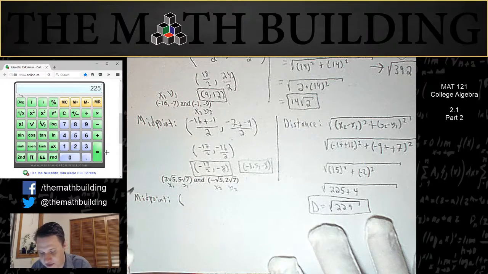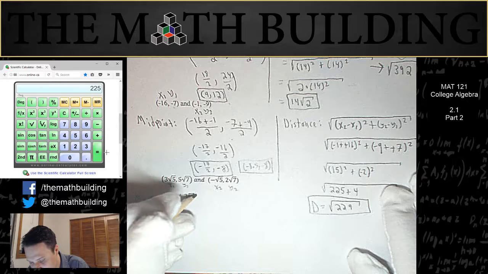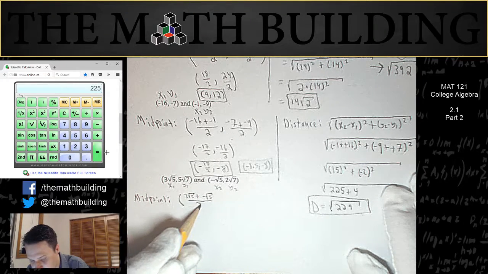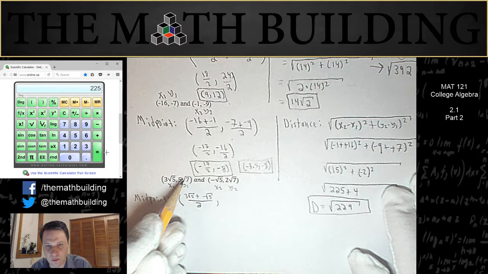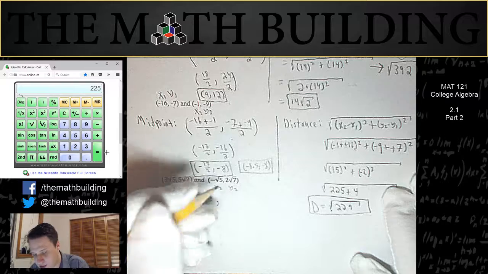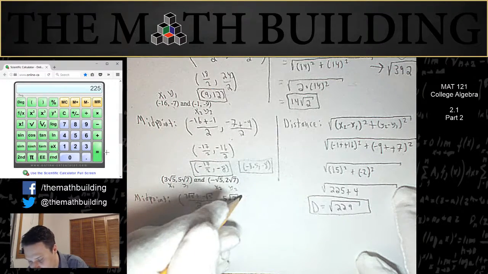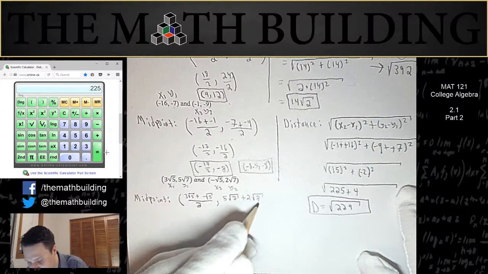So x1 plus x2 over 2, so 3 root 5 plus -√5 over 2 is the first part of our midpoint. And then the y part will be y1 plus y2, so that's 5 root 7 plus 2 root 7, divided by 2.